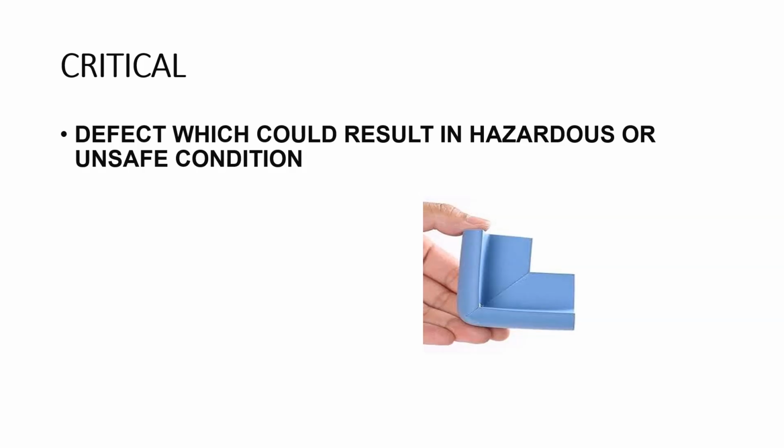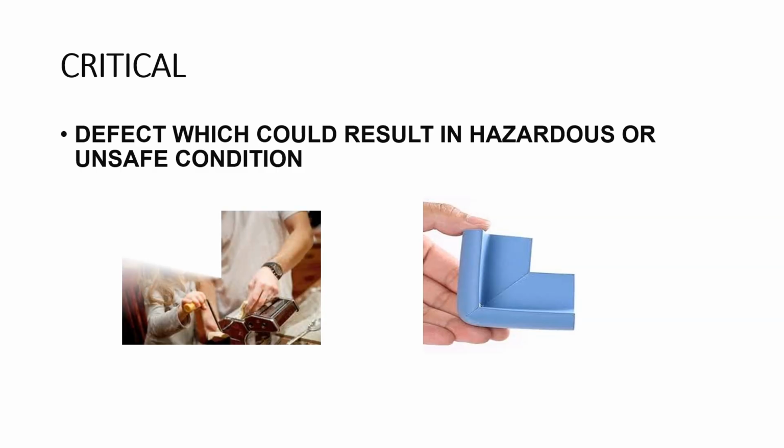Any kind of product, maybe a leather product or a plastic product or a garment product, may show such critical defects in inspection. Because of the sharp edges in this figure, it may cause hazards and accidents. So that's why it is very unsafe and categorized as a critical defect.